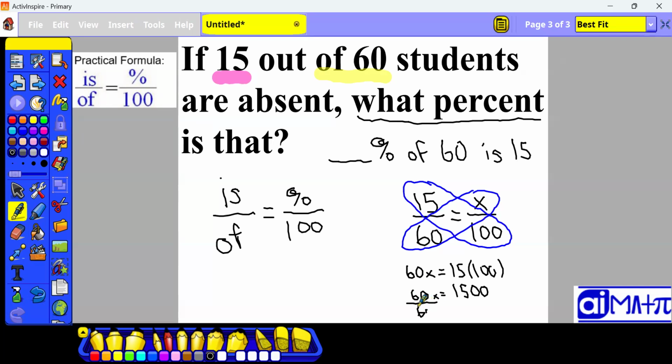Divide these by 60 on both sides. 1,500 divided by 60 is equal to 25. This would cancel out, and x would be equal to 25. So in this case, my percent would be 25%.